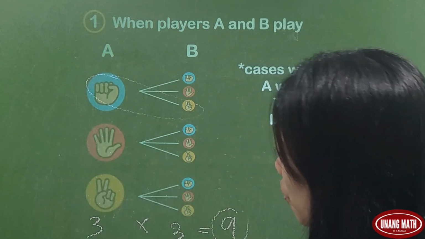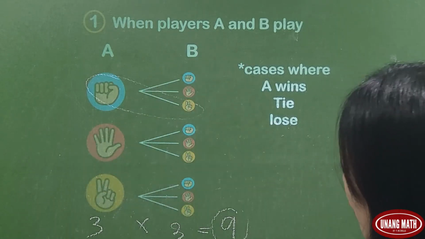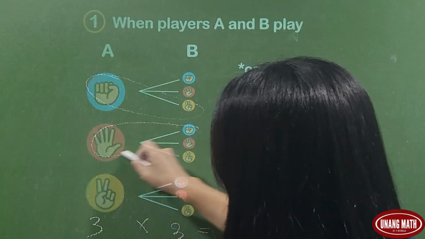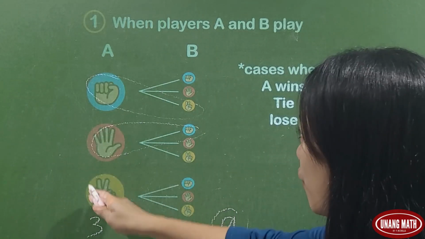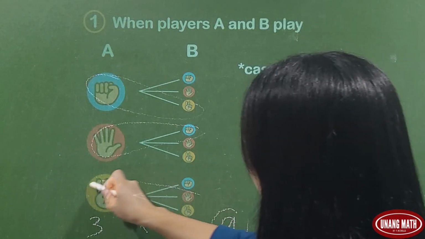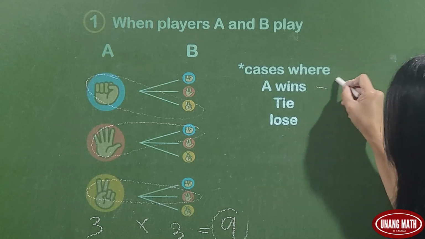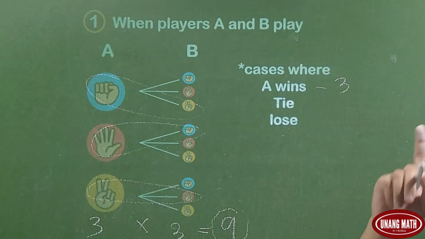If player A shows paper, in order for this player to win, player B must show rock. If player A shows scissors, for this player to win, player B must show paper. So we have here 3 cases where player A wins.